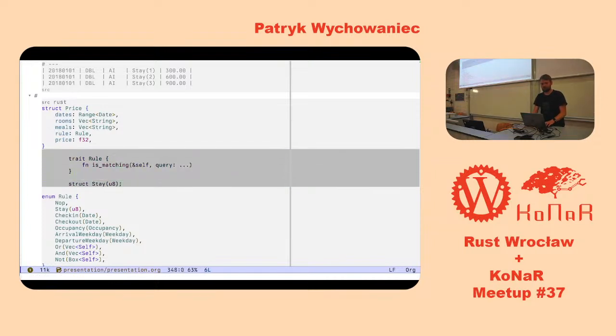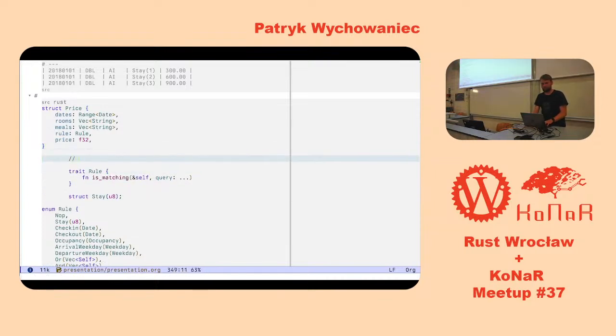The reason for not doing that is that if you have Box of dyn Rule, the box itself is 2 times usize, and then you have to include the size of the underlying struct. In this case, this would probably be 4 bytes because it would be padded from U8, but let's say this would be 1 byte. But you still have to pay for the box for how large it is.